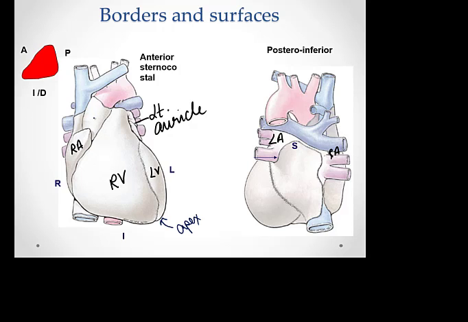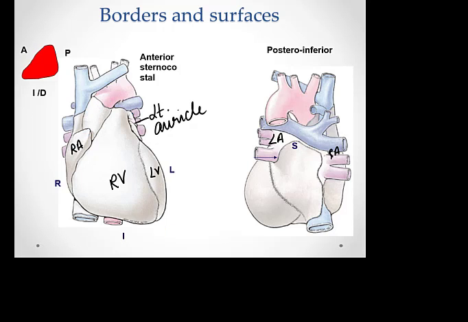So this part of the right atrium is also called the auricle, the right auricle. Most of the left atrium actually rotates to the back during development, and only the auricle is present on the anterior surface. So we can see that the left border is formed by the left ventricle and this left auricle.